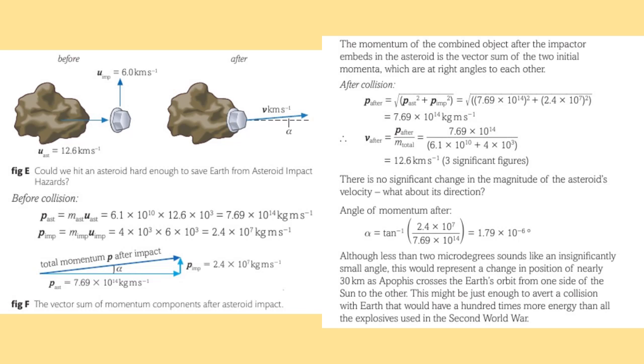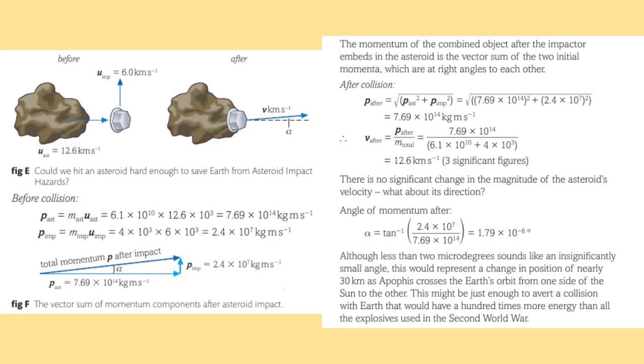If you resolve that into a triangle and look at the total momentum after the impact, again, I refer you to my previous video on how to work this out. You can work this out with Pythagoras again. You can work out the total momentum of the asteroid and impactor craft combined. And if you look at that maths there, you'll see that the momentum afterwards is 7.69 times 10 to the 14 kilograms meters per second.